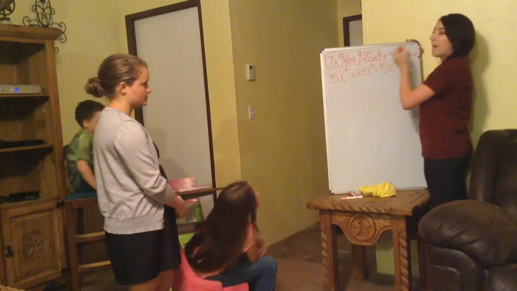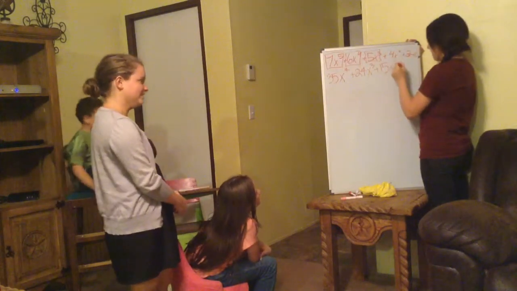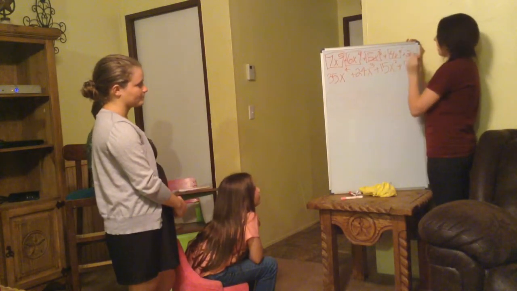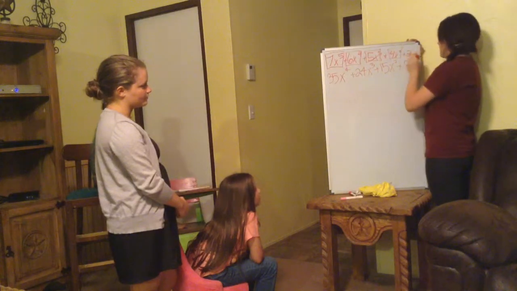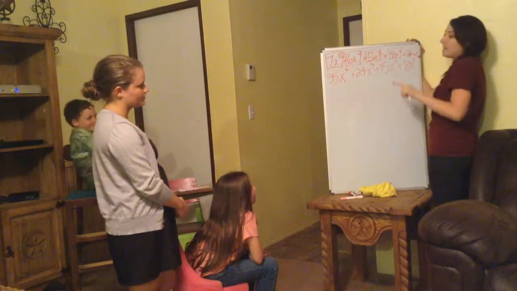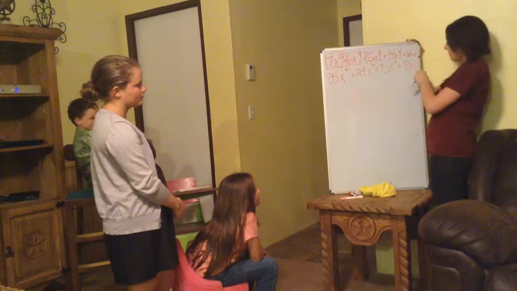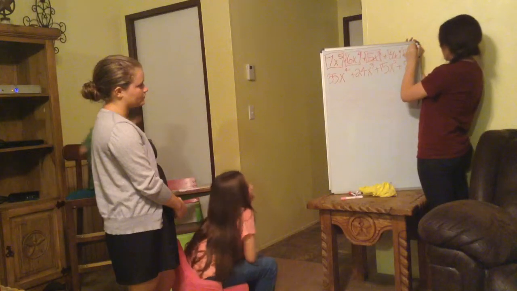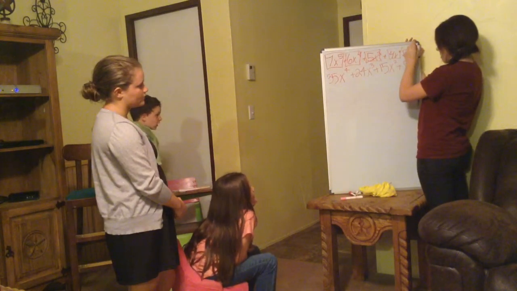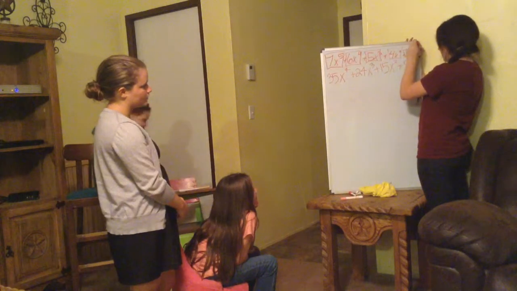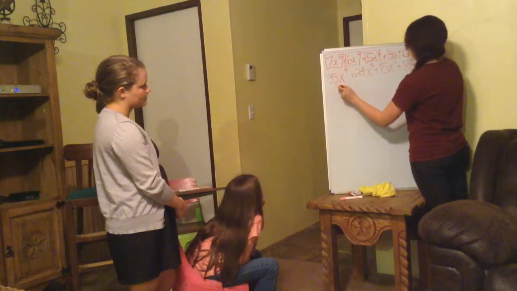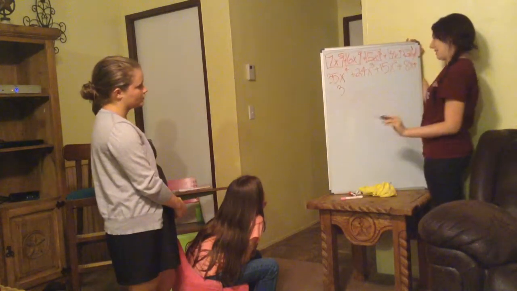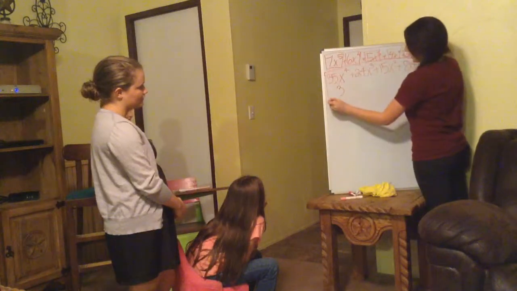X to the 3 minus 1, which is 2. Plus 4 times 2 is 8. X to the 2 minus 1, which is 1. Plus 3x, and that's really to the 1. So 3 times 1 is 3 by itself, and the 2 cancels out because it's a constant. So this is my final answer.